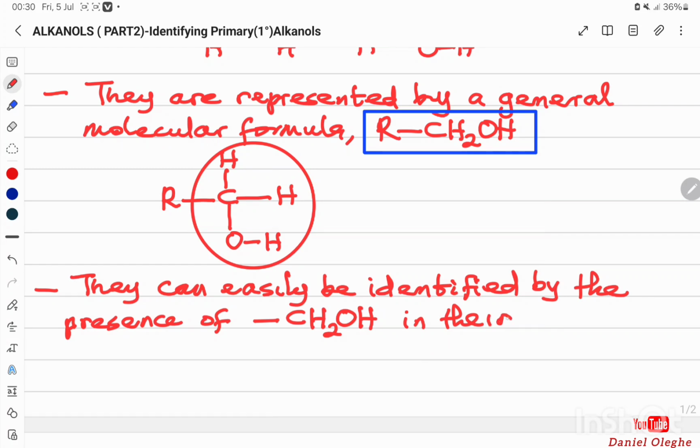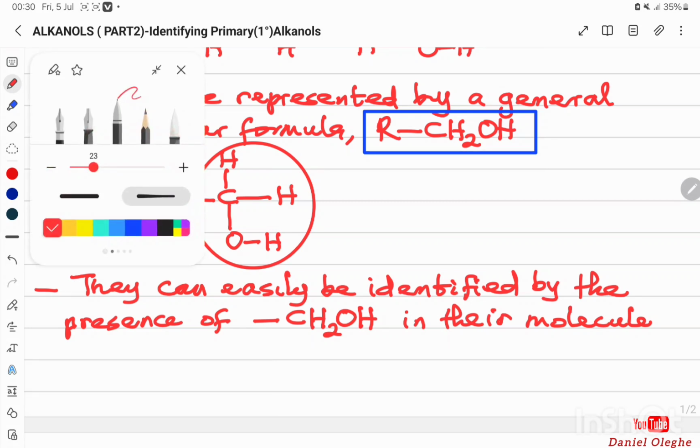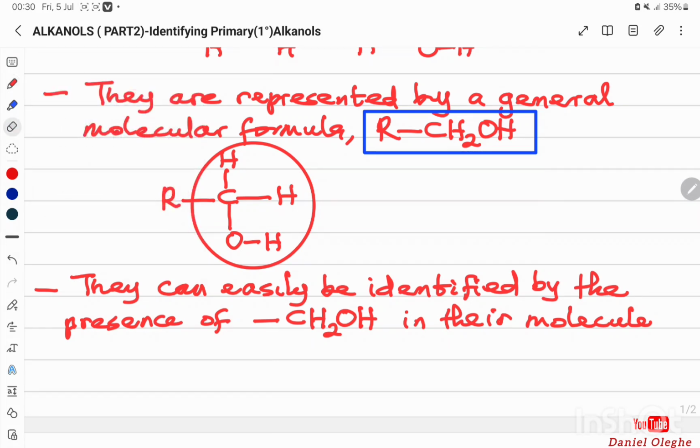So these are the things we can say about primary alkanols. They contain this group in their molecules. So immediately you are able to sight your eyes on this particular group in their molecular structure, it means you are representing a primary alkanol.